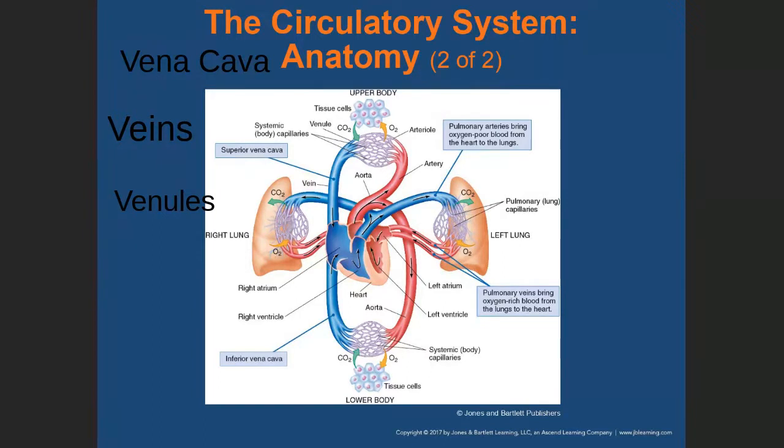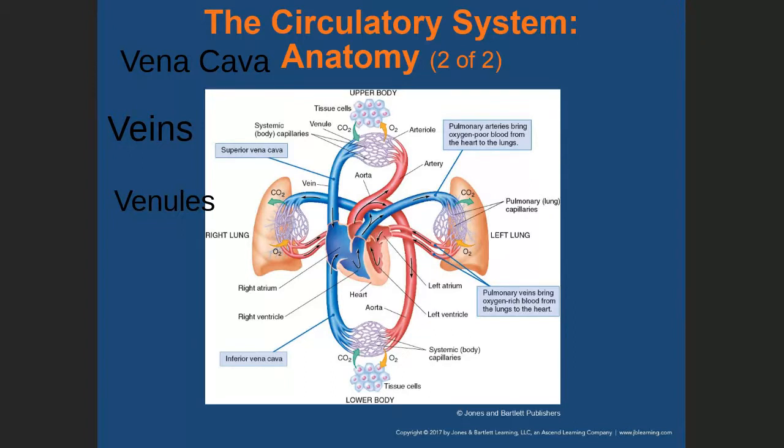And that blood is going to be deoxygenated blood. So we have looked at the aorta, the arteries, and the arterioles, and we have looked at the vena cava, the veins, and the venules.